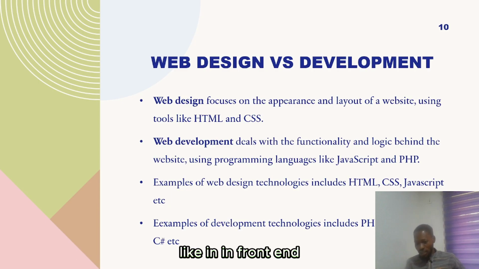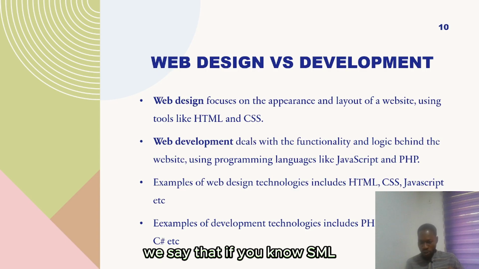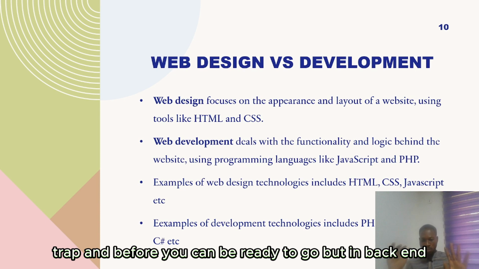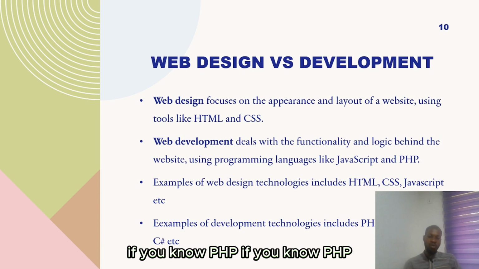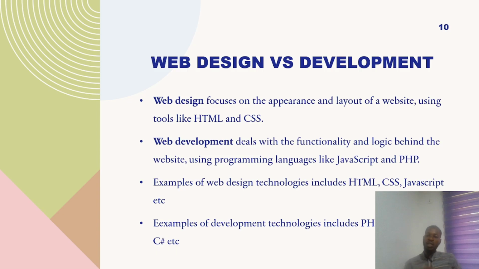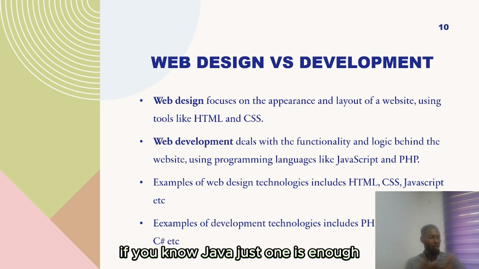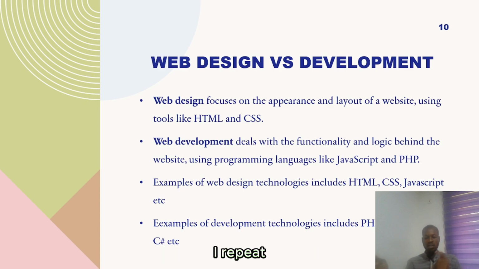In front end, we say that if you know HTML and you don't know the rest, it's as good as not knowing it. You must know HTML, CSS, JavaScript, and Bootstrap before you can go. But in back end, only one programming language is required. If you know PHP, or Node.js, or Java, just one is enough. And you pick the database of your choice.